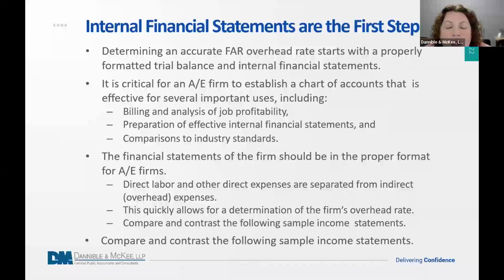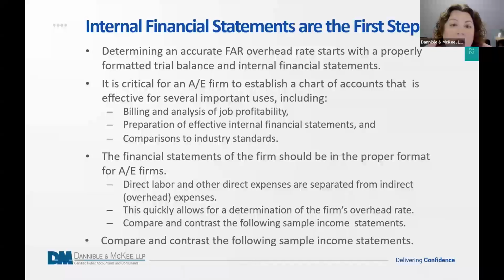One thing that we see is that firms really do not have a good handle on their labor charges. So whether they're recording direct labor and indirect labor properly, utilizing timesheets, and coding time to jobs properly. This is really, really important. And this is the first step at developing your overhead rate and ensuring that you're going to be compliant for us to come in and do a FAR audit.